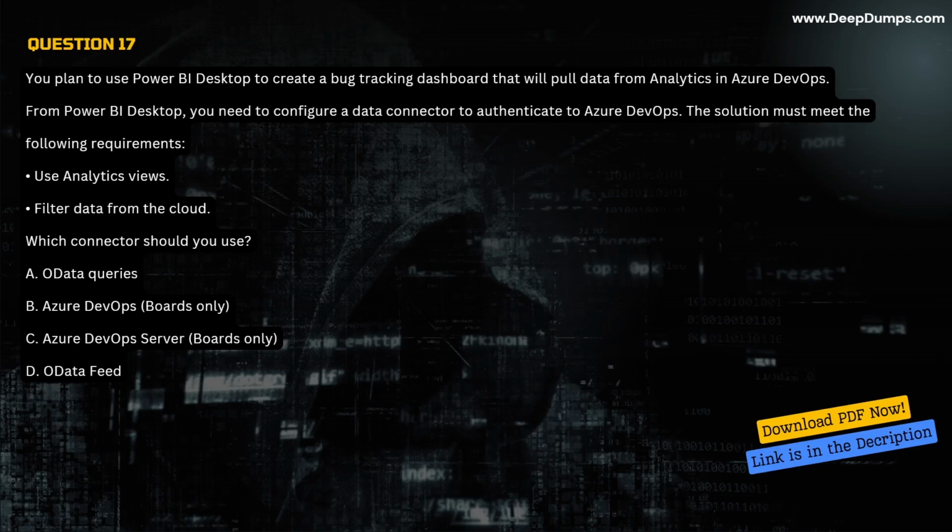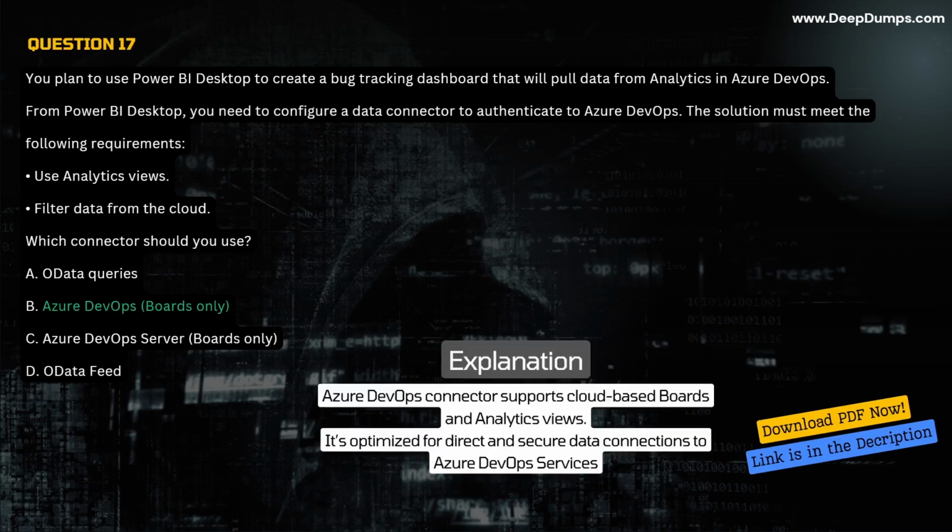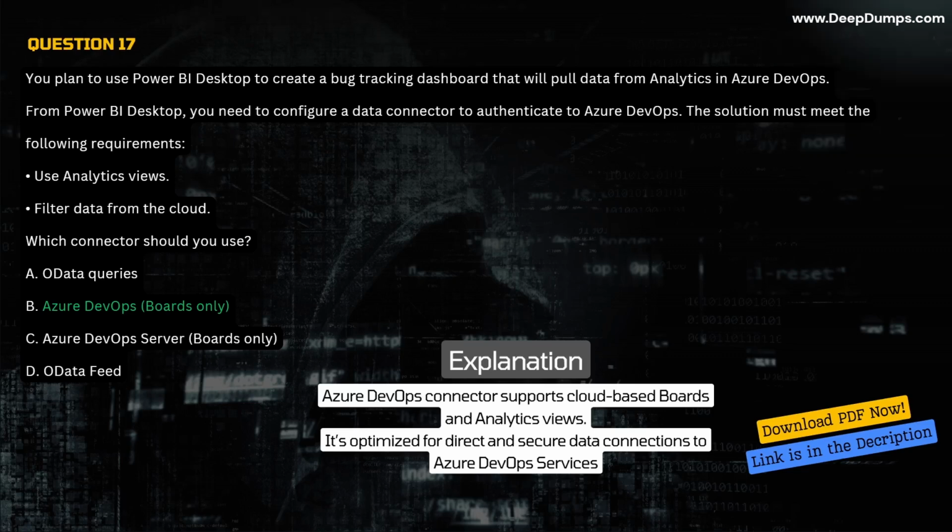A. OData queries. B. Azure DevOps Boards only. C. Azure DevOps Server Boards only. D. OData feed. Correct answer is B. Explanation. Azure DevOps connector supports cloud-based boards and analytics views. It's optimized for direct and secure data connections to Azure DevOps services.